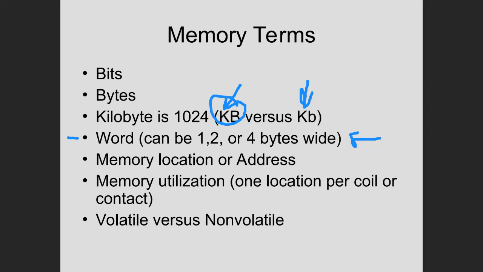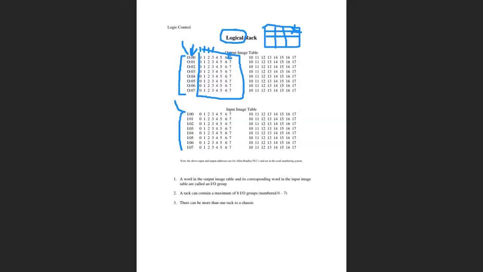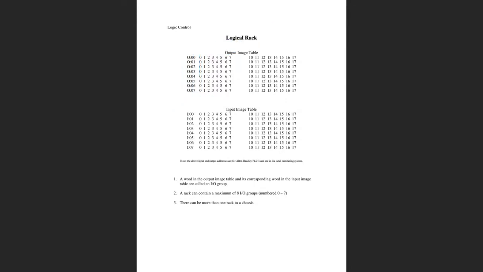Let me go back to that diagram, and this will make a little more sense now. Remember when I told you about this chart. These charts just model a grid, and over here these are the addresses of the grid. This is row 0, this is row 1, this is row 2. So I can have a grid like an Excel spreadsheet.